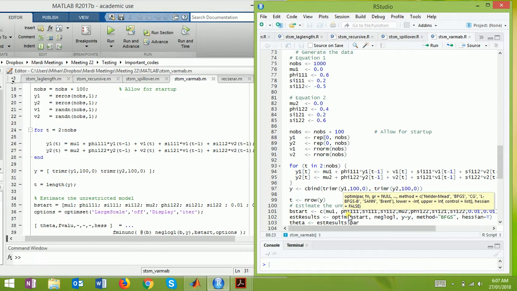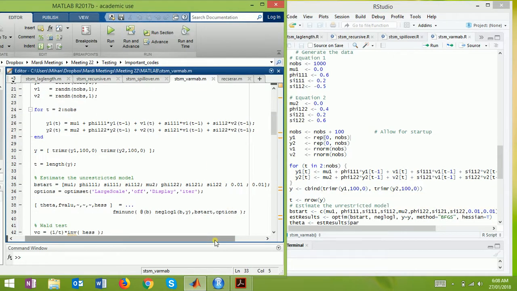So for simplicity's sake, because we are restricting our non-linearity parameters only, we are cutting off non-linearity parameters.